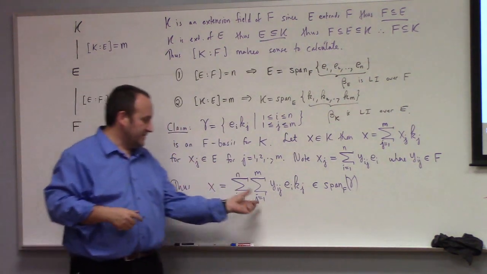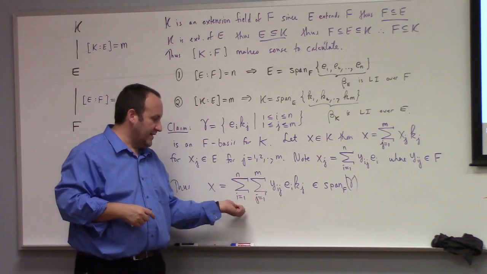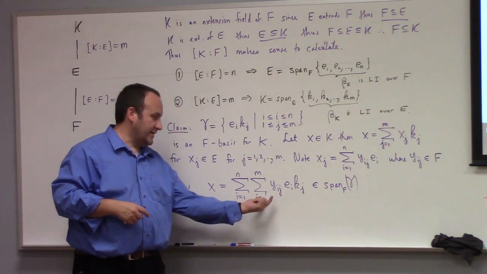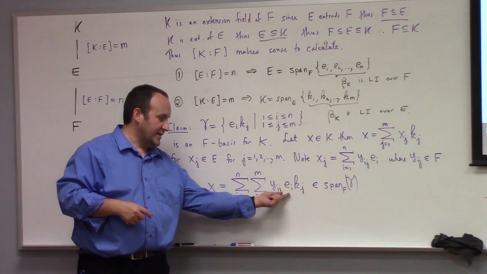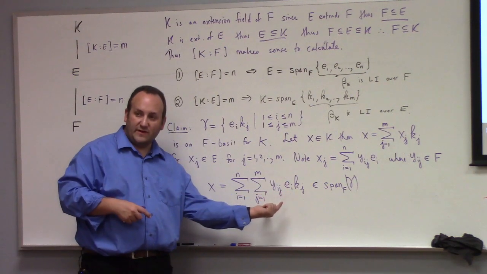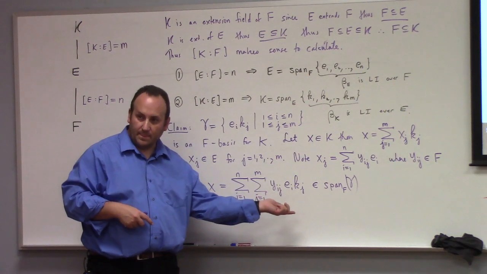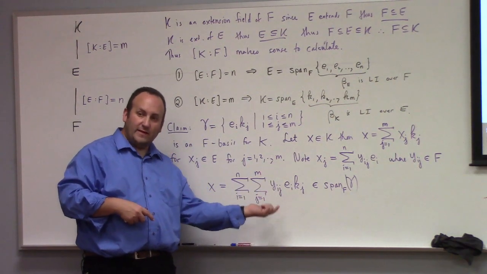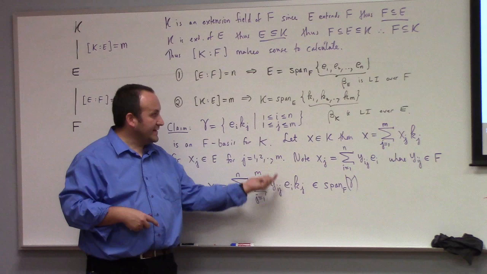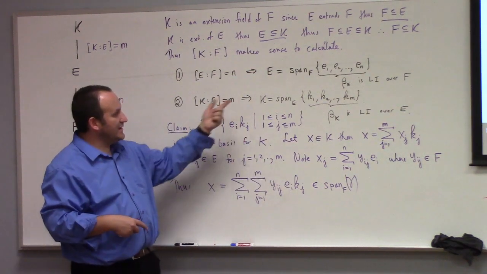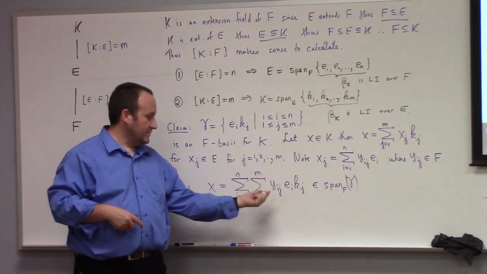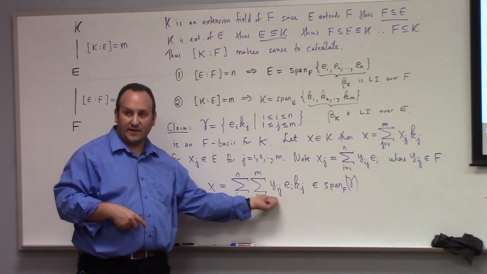I can flip the sums, and I can look at this as the sum j equals 1 to m of linear combinations of y_ij e_i. Each one of those linear combinations must be 0 by linear independence of the k1, k2, through km. But then you apply linear independence of the beta e basis to get that each of the y_ij's are 0.